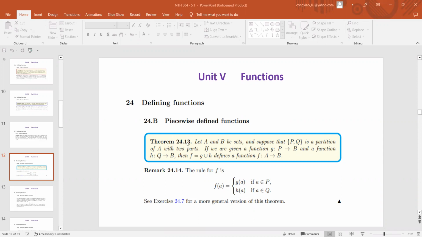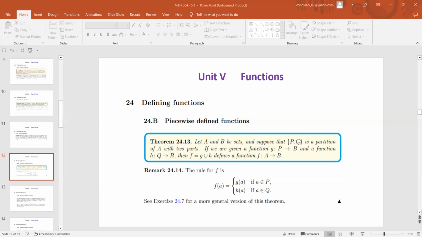So let's talk about Theorem 13. We have two sets, A and B, and suppose that the set {P, Q} has two elements, P and Q, and both of them are subsets of A. So it is a partition of set A with two parts.